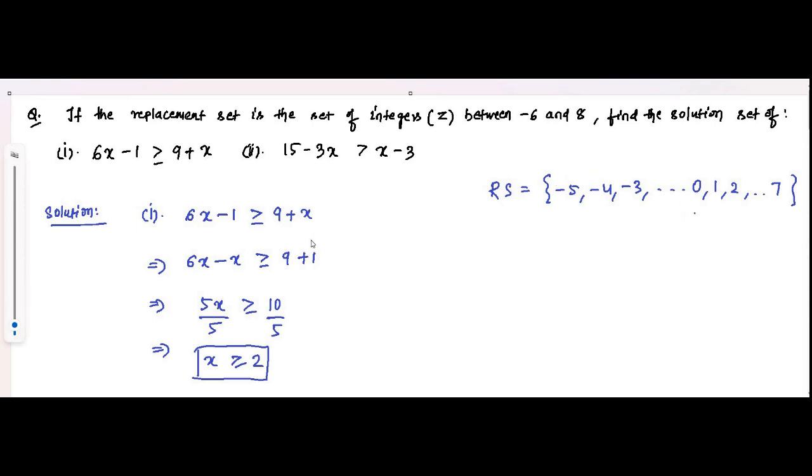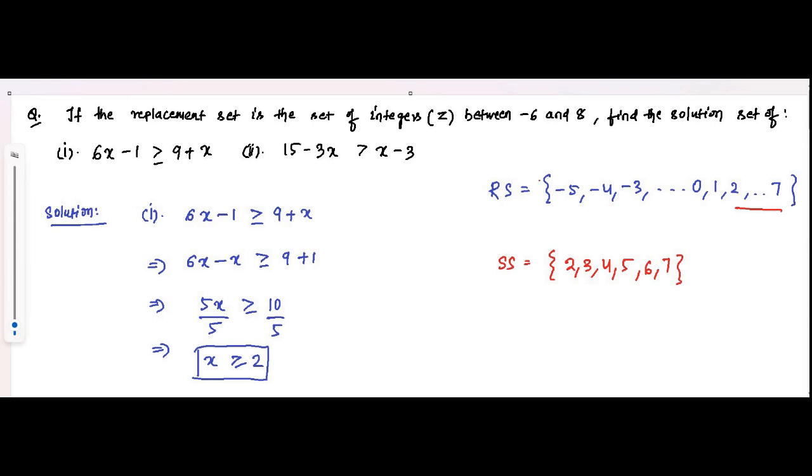So here it is greater than or equal to 2. So it will start from 2 and end in 7, this much. This is the solution set. So the solution set is 2, 3, 4, 5, 6, 7.